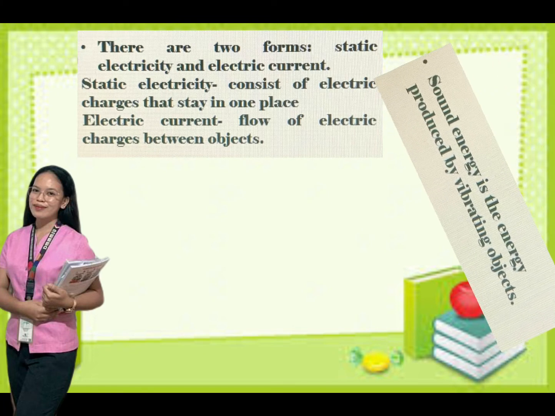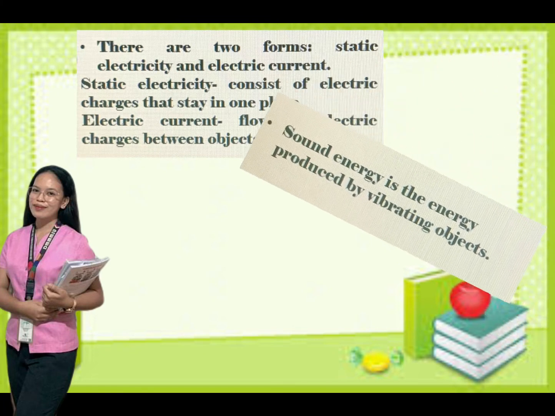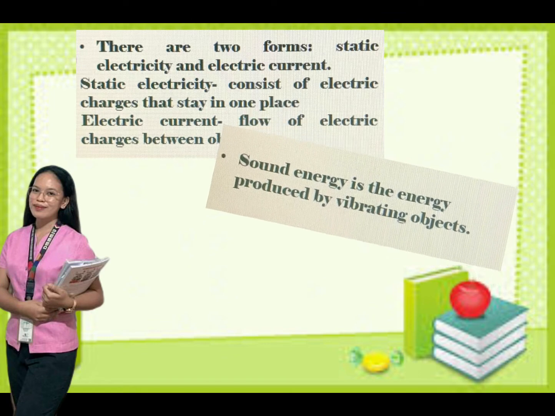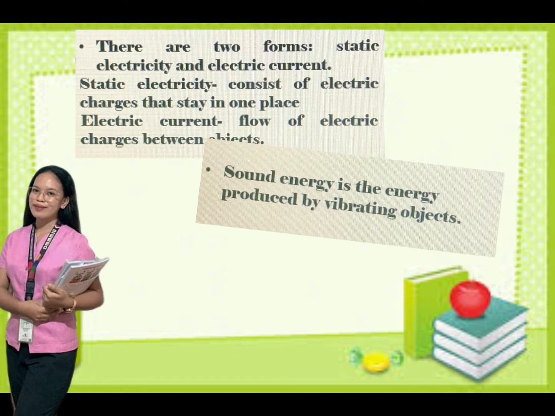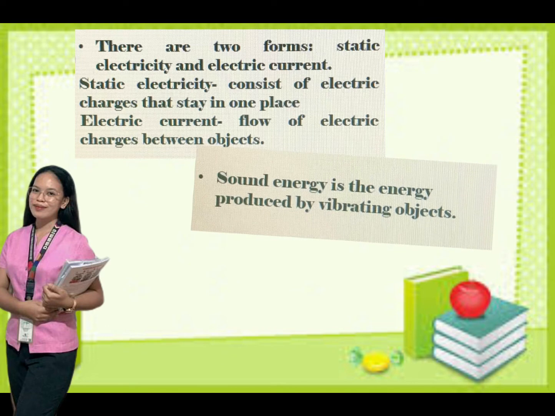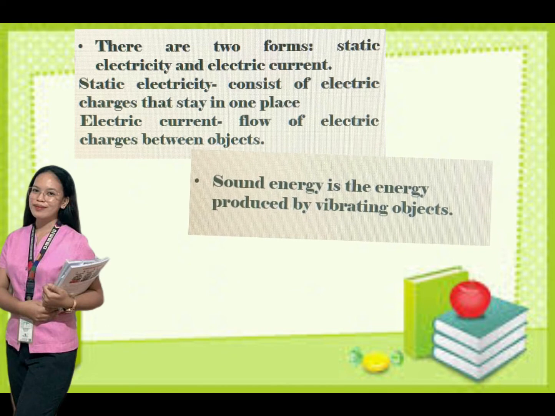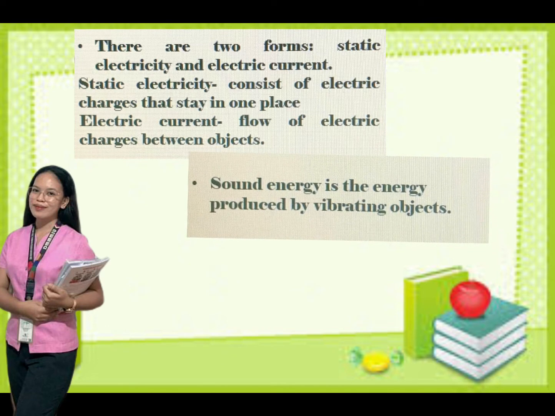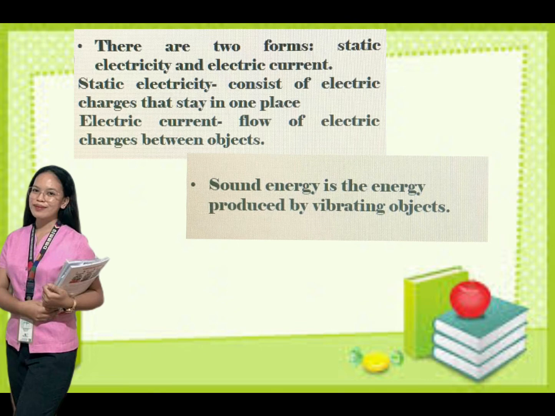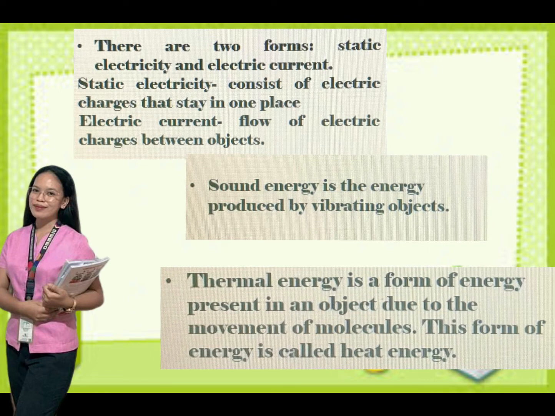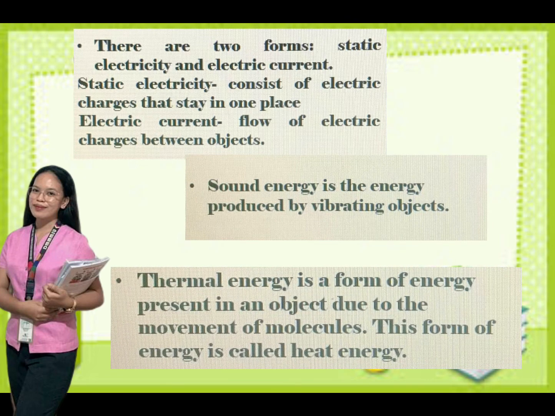Next, sound energy is the energy produced by vibrating objects. Sound waves carry vibrations through solid, liquid, and gas, which results in the transfer of the energy collected in the vibrations. Thermal energy is a form of energy present in an object due to the movement of molecules. This form of energy is called heat energy.